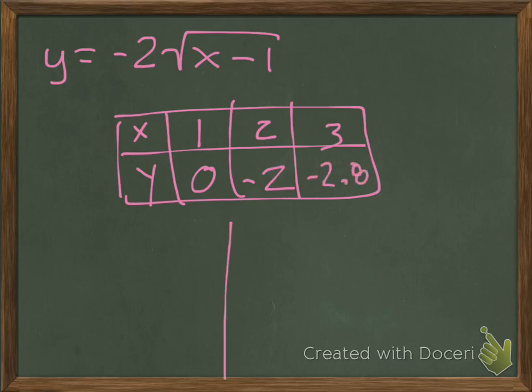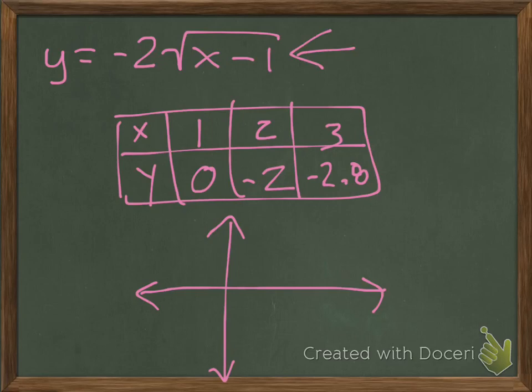So we're going to graph these, and we can keep going as long as we stay with our square root above 0. So we could keep going this way, but we're going to stop, we don't need that many points. We're going to put in 1, 0, and then 2, negative 2, and then 3, negative 2.8.